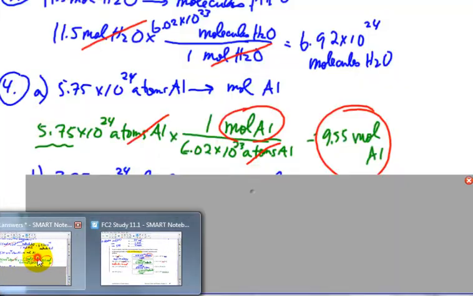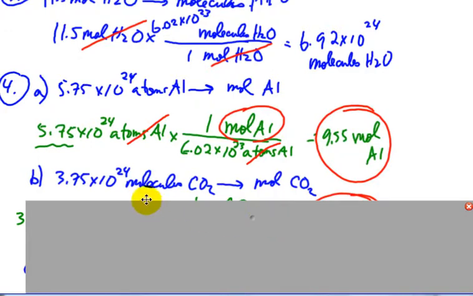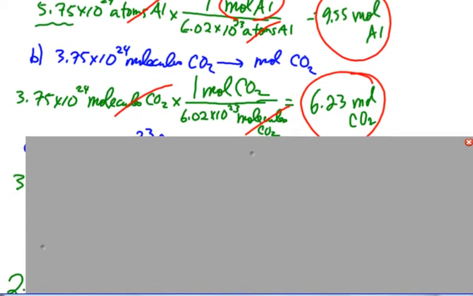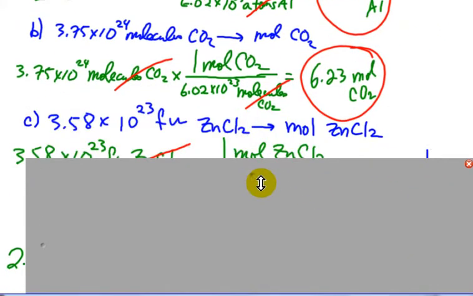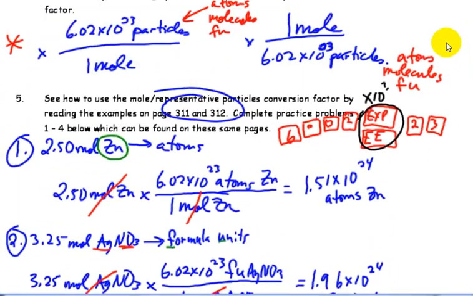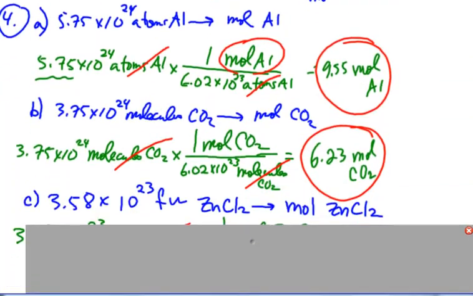Okay, if you had a chance to do that, here are the answers. So part B, going from molecules to moles. So it's the same factor, it's just the unit is different here, depending upon the substance that we're working with. Okay. Part C, going from formula units of zinc chloride to moles of zinc chloride. So again, moles is on top, formula units on the bottom to cancel out.